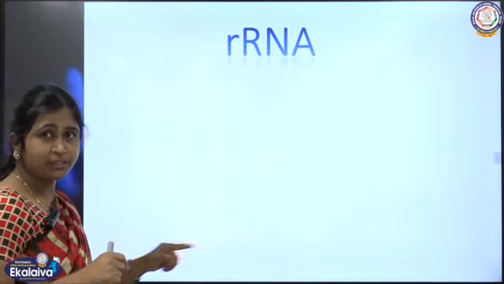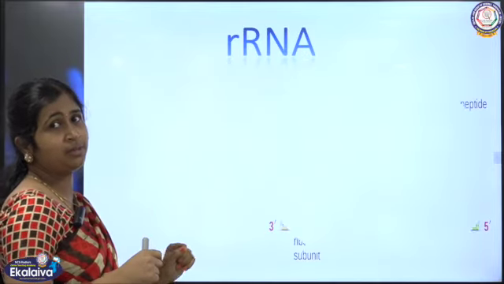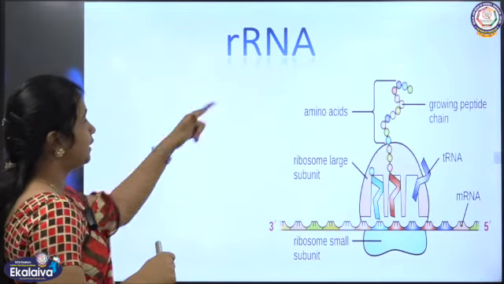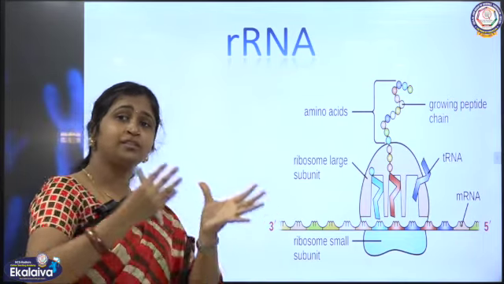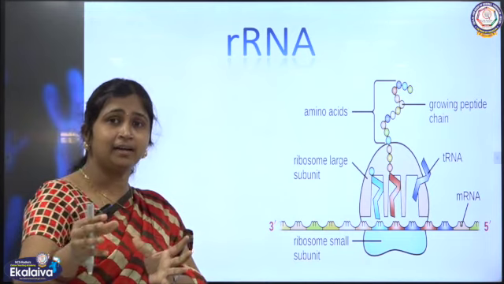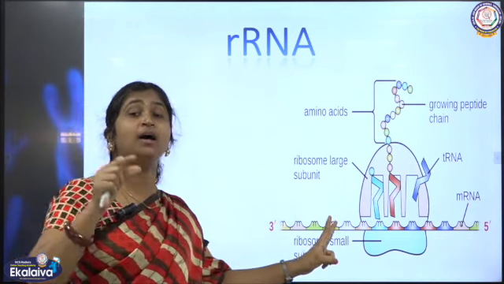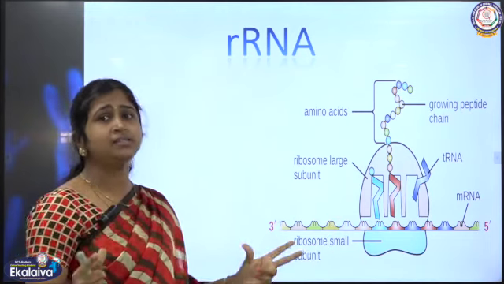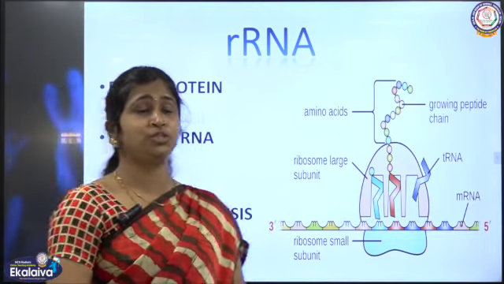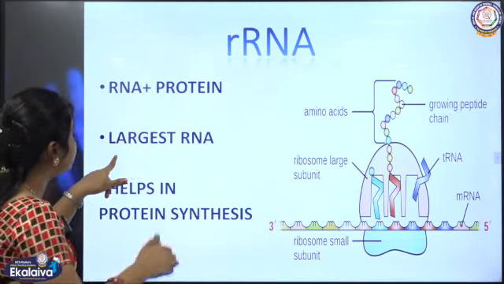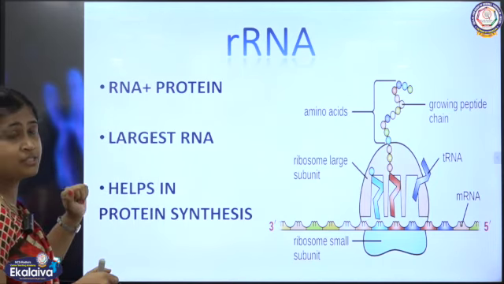Another important question, even a NEET based question, make a note. This is the last process where translation, how the message is going to be translated. In that, we are going to see the rRNA is the largest RNA they are saying, which consists of RNA and protein. Okay, and it's the largest RNA, as I said, it's a 1 mark question, make a note.